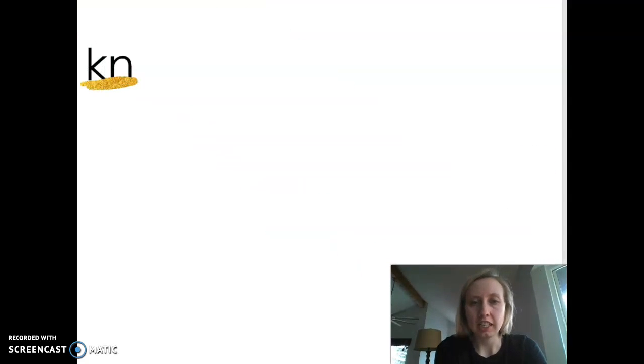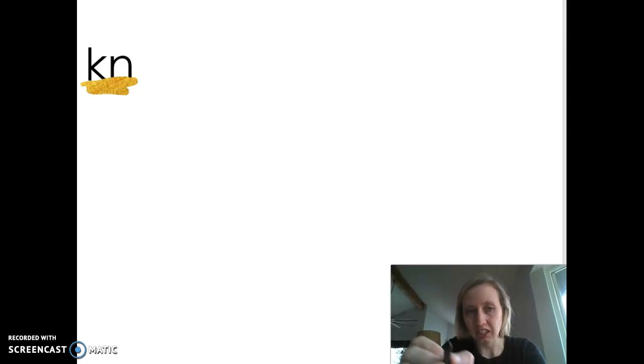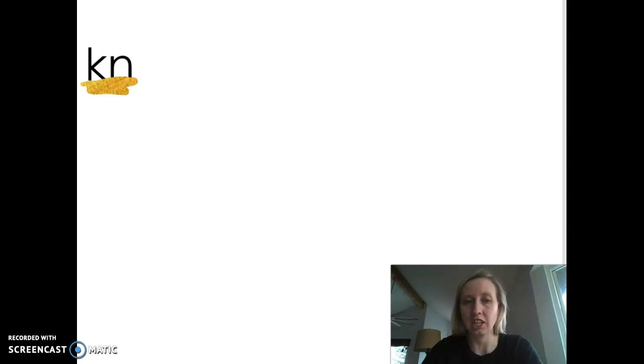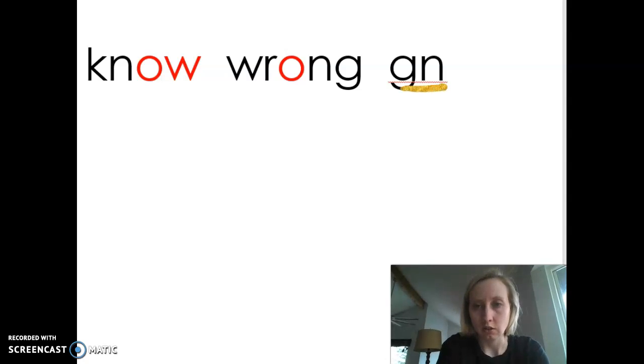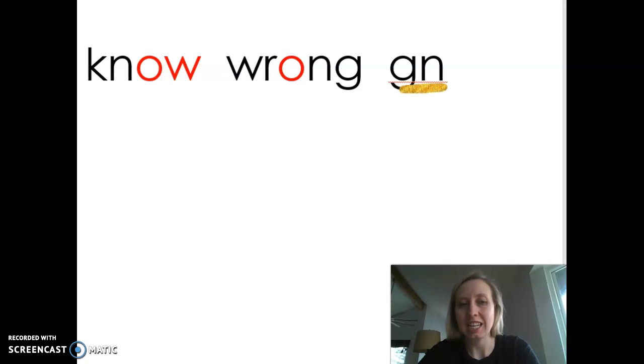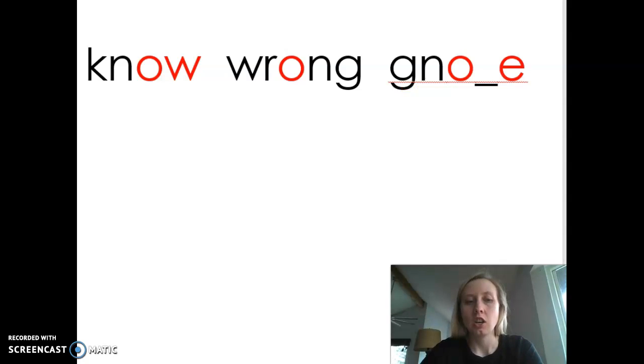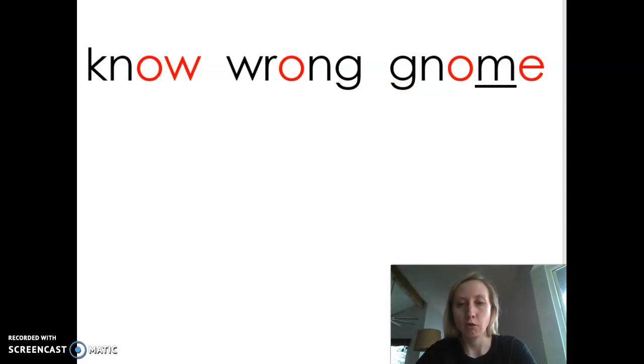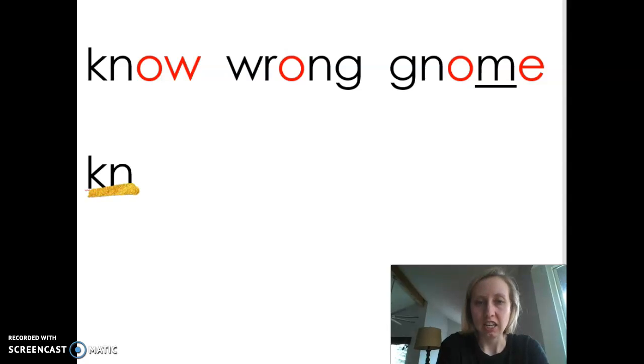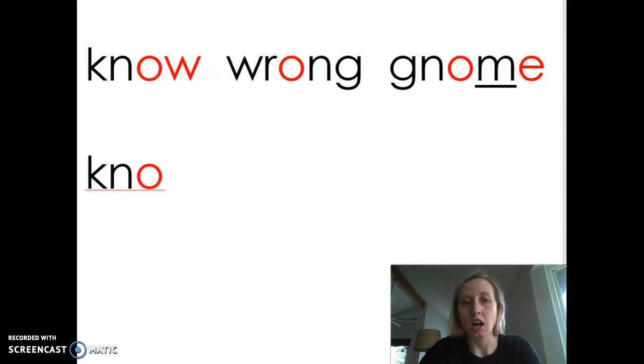Okay, so I'm underlining this so that you know there's a silent letter in this, which is K, so we're going to ignore the K and just say the n. No. Wrong. So remember, this one's a little tricky. This is an n sound. Gnome. Here we go. Knob.